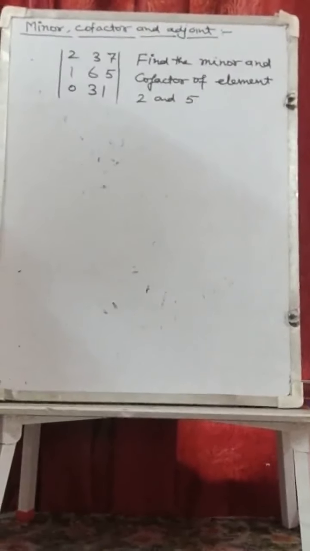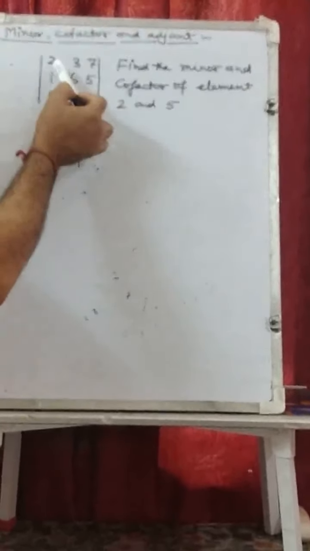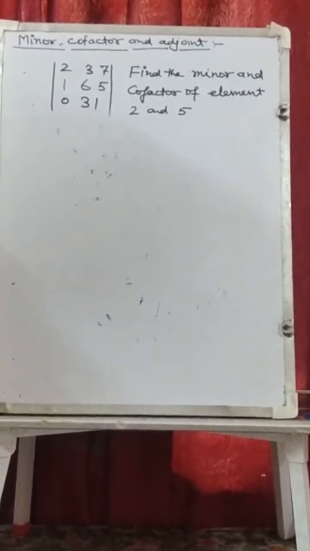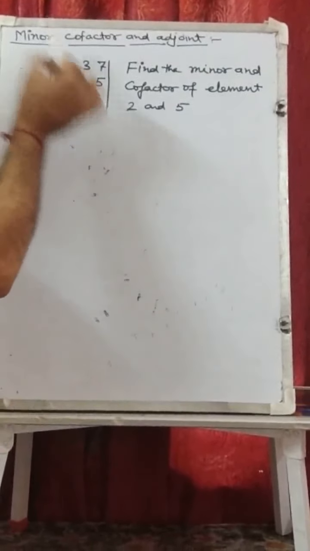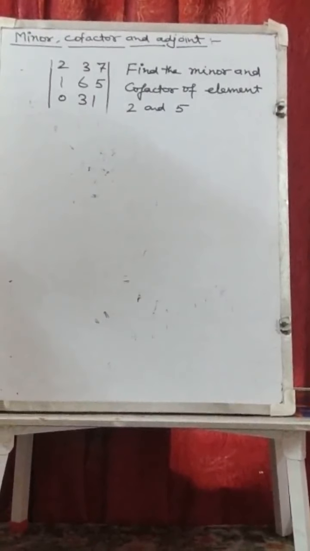This is a determinant of order 3 by 3. We have to find the minor and cofactor of the elements 2 and 5. As we discussed, we talk about 2. 2 is the element denoted as A11.